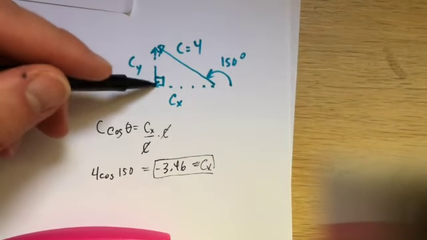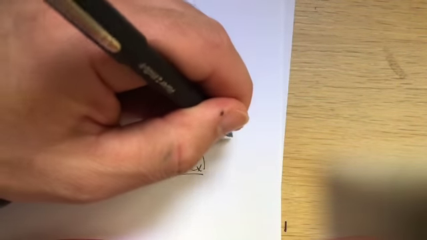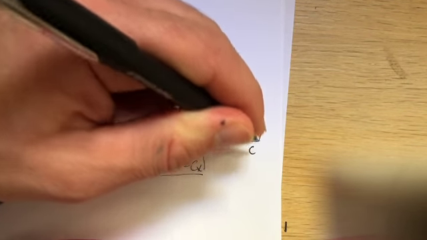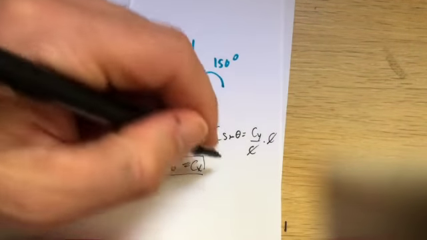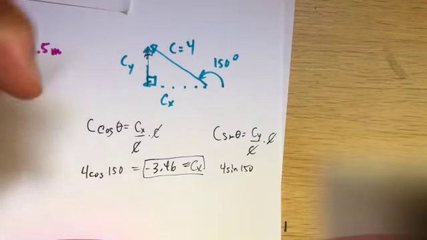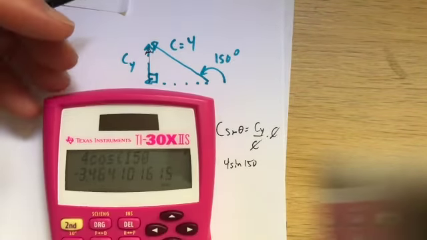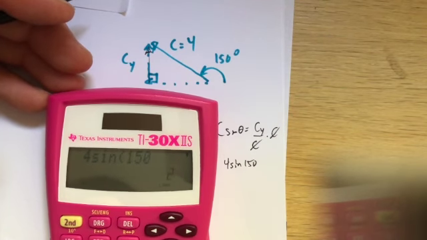Now this is still moving upward, so that's going to be a positive number. That makes sense. So sine theta equals CY over C. Multiply both sides by C again, and we get 4 times the sine of 150. Anything above the x-axis for sine is positive, so that makes sense. So 4 sine 150, and I get 2.